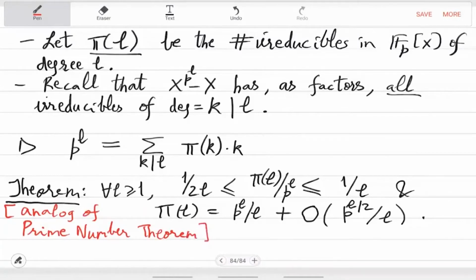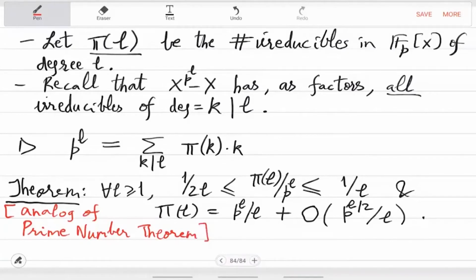It says that the number of degree L irreducibles in the space of p raised to L polynomials of that much degree is roughly 1 over L in density. Okay, and the error term is also very precise, it is roughly square root of that.